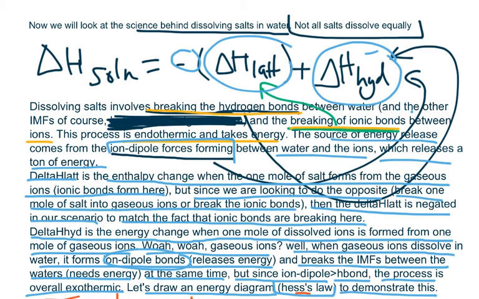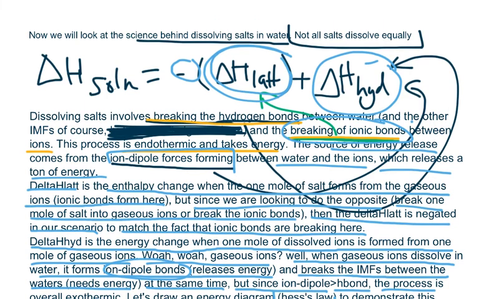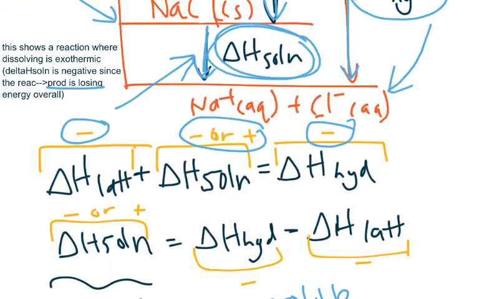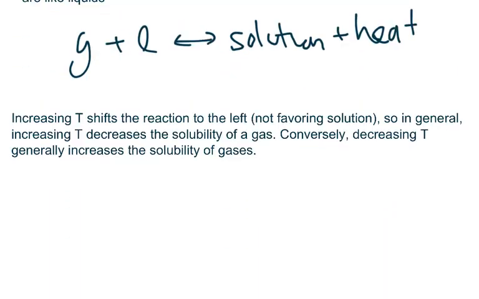Now, the breaking of ionic bonds, which is an endothermic process, is related to the delta H of lat. And all these processes combined will get us the delta H of solution, which will tell us if something will dissolve or not. So that's a fun explanation, and now let's move on.